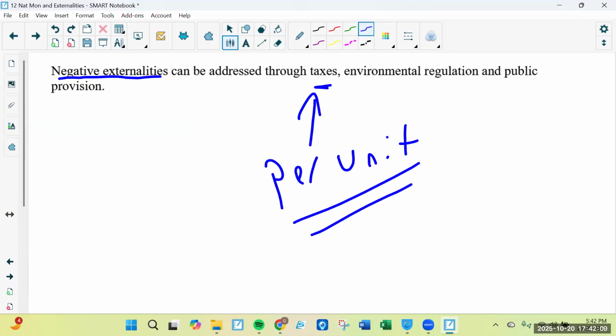We want to produce or consume less of it. Environmental regulation is EPA, scrubbers, and usually this deals with pollution. Public provision is just the government says you're not allowed to do it, so you have to stop.